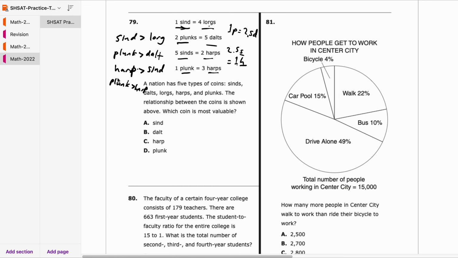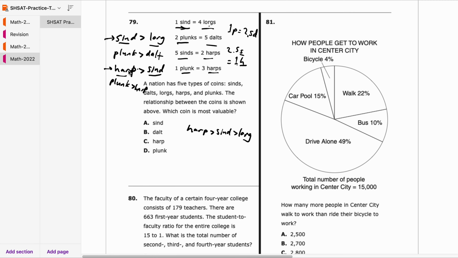Okay, so let's look at these inequalities here, see if we can order them. Let's look at this one and this one. If the harp is more valuable than the sind, and the sind is more valuable than the lorg, then we can say that the harp is more valuable than the sind, which is more valuable than the lorg.